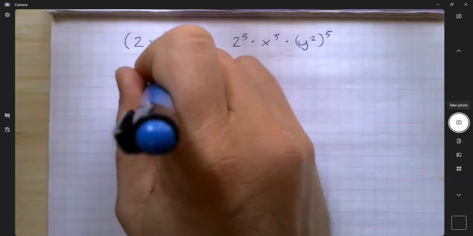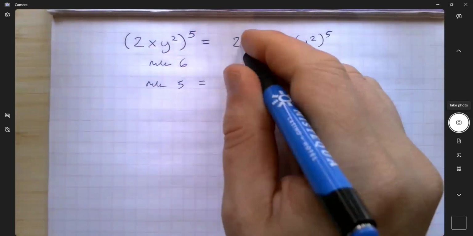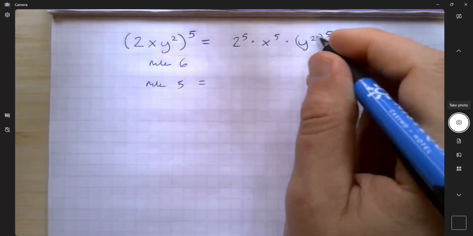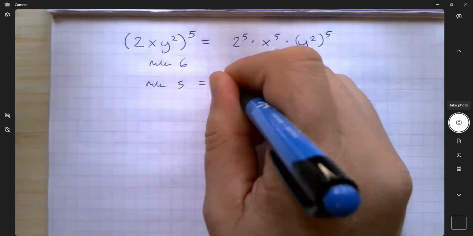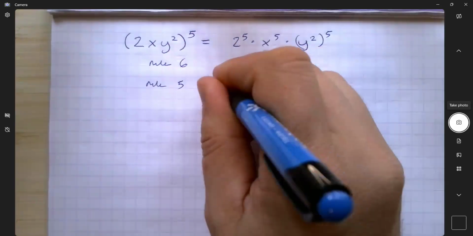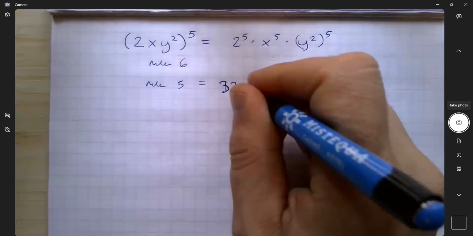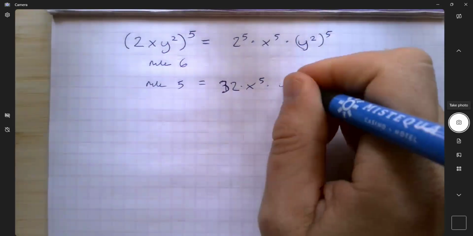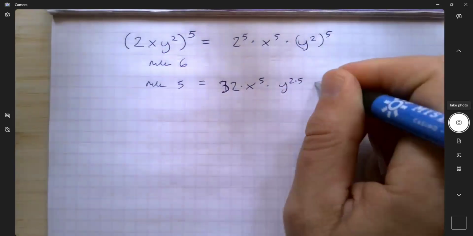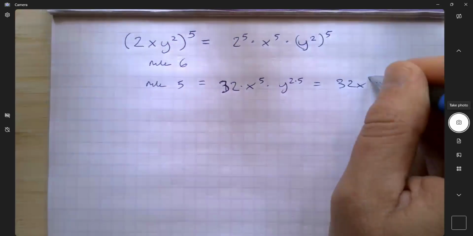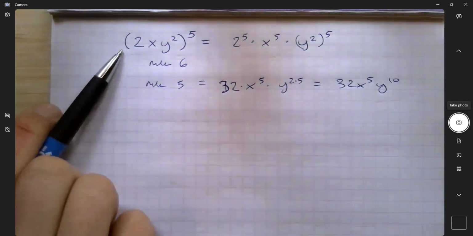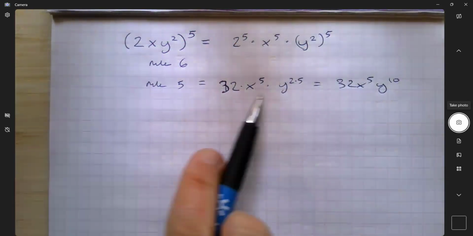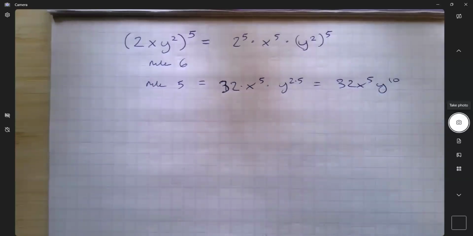And then rule 5 lets me nest the powers with the y squared. So 2 to the 5th is 32. x to the 5th, can't do anything new with that. And y squared to the 5th is y to the 2 times 5. So I get 32 x to the 5th, y to the 10th. So I hope one thing you're seeing is we often use more than one rule when we are rewriting things.